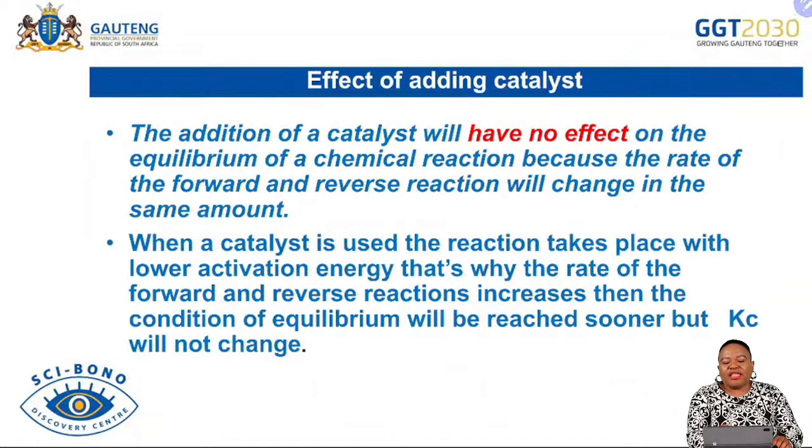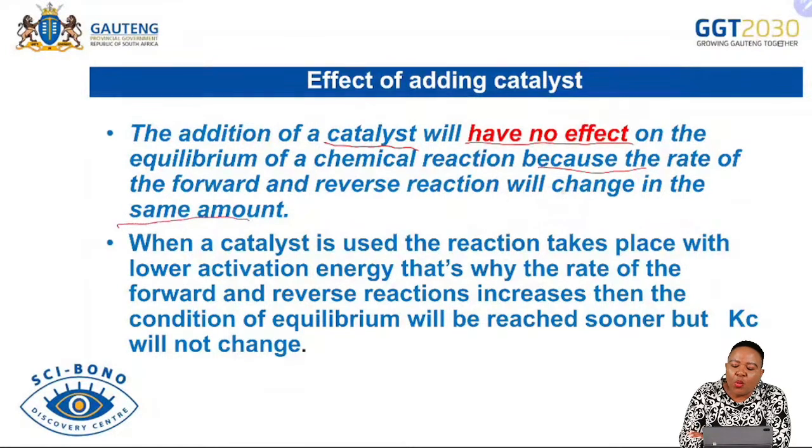Now, the effect of a catalyst. When you add a catalyst, there will be no effect. A catalyst does not have any effect at equilibrium in a chemical reaction, because the rate of forward reaction is equal to the rate of reverse reaction, and both will change by the same amount. So when a catalyst is used, the reaction takes place with a lower activation energy.